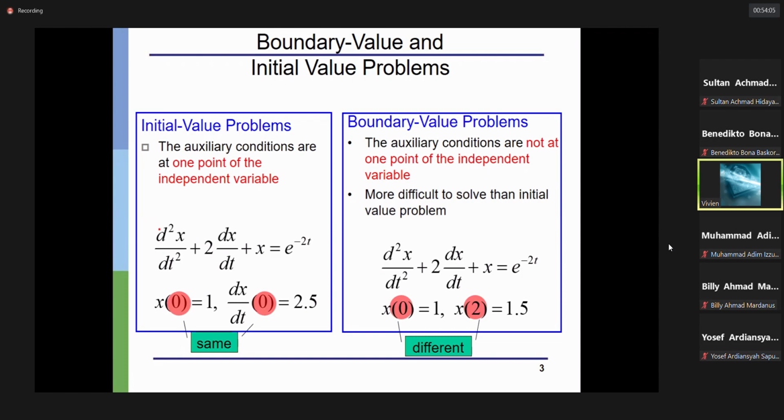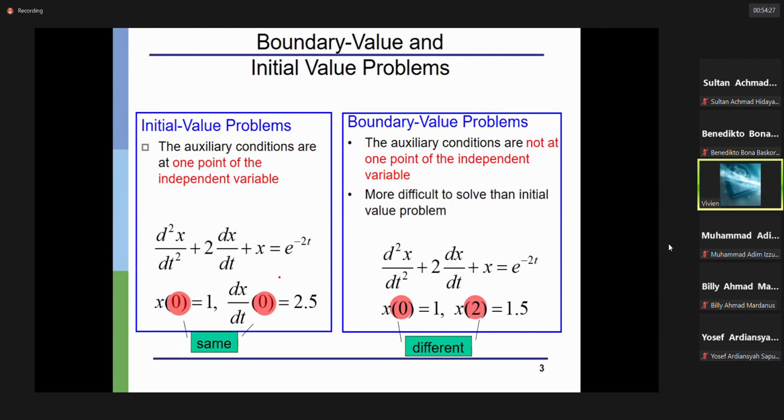So if we look at this function, we have x as a function of t, and t is taken at the same point, which is t0. So we have the x value, and we have the gradient of x at t equals 0, which will be 2.5.